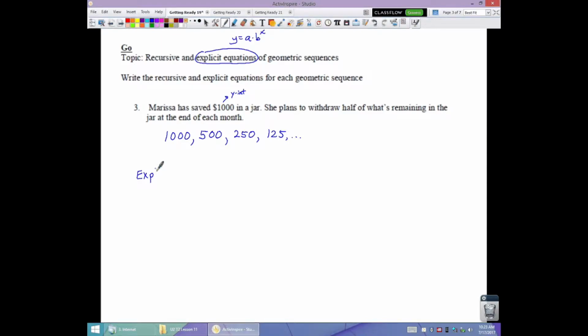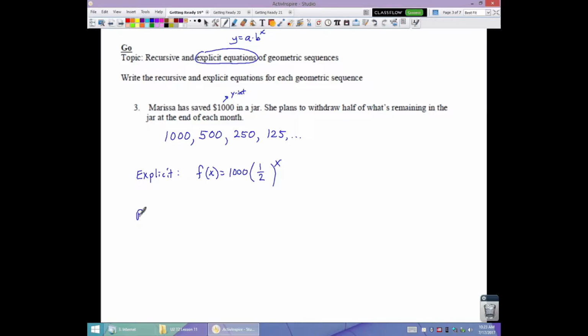For explicit, we would say y equals, or f of x equals, the 0th term, the 1,000, times my multiplier. Since this is decreasing by half, I'm just chopping each number in half. My common ratio is 1/2, and then to the x power.